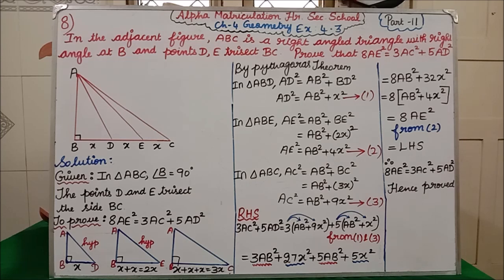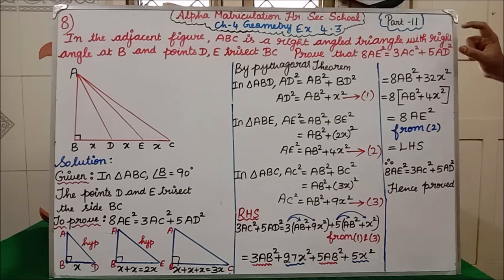So what we are going to do now? Now we are having AC square value and AD square value. So I am going to take first this RHS part. I am going to show that RHS is equal to LHS. Clear?